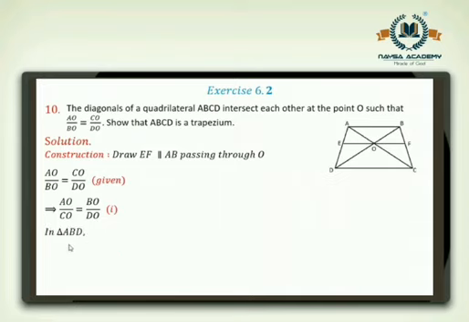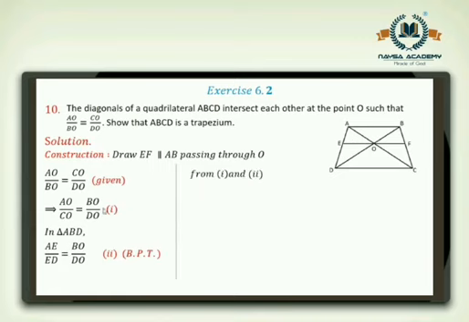Okay, now take triangle ABD. In triangle ABD, AE upon ED equals BO upon DO. This is the basic proportionality theorem, as this EO is parallel to AB.